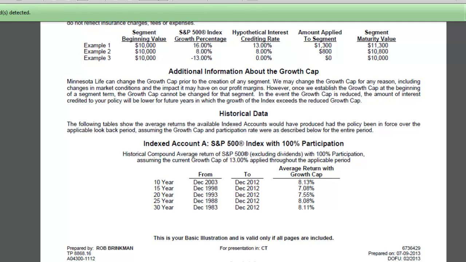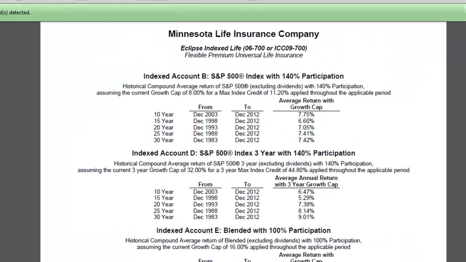But let's say you didn't think the S&P was going to do very well because of everything going on. That's where you can use this index account B. And look at this. See what this says, 140% participation. Look at the cap. The cap is 8% for a maximum income credit of 11.2. What this is basically saying is that if you don't think the S&P is going to perform that well, you can take a lower 8% cap, but you can get a 1.4 multiplier on that.